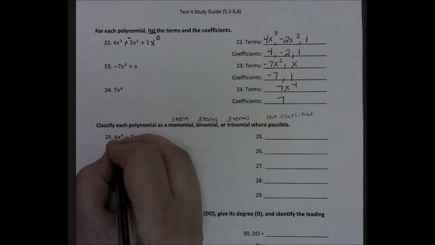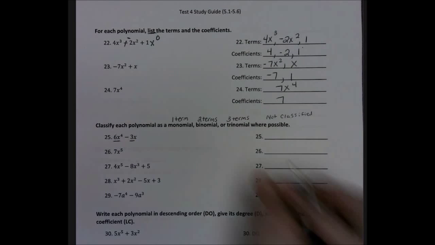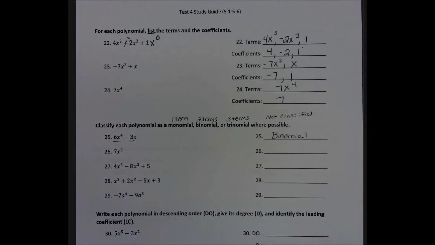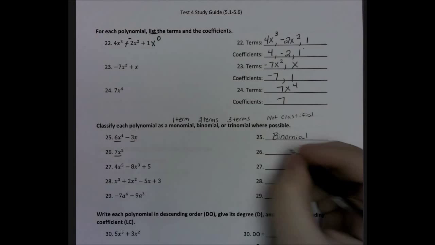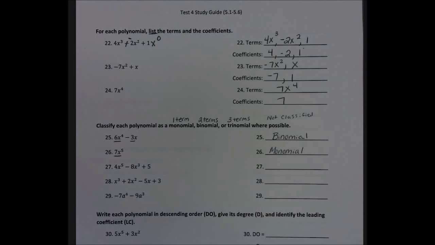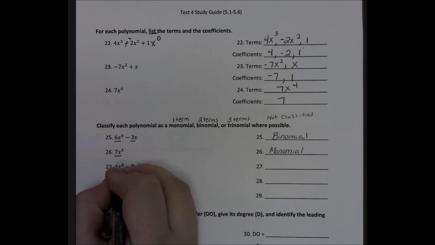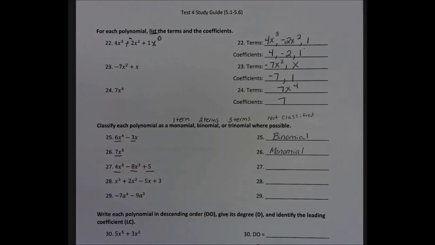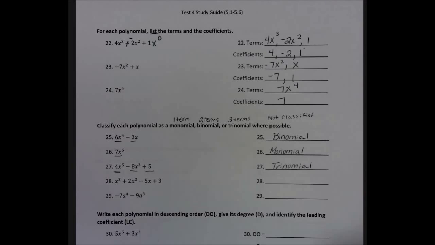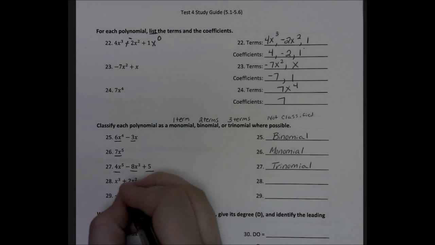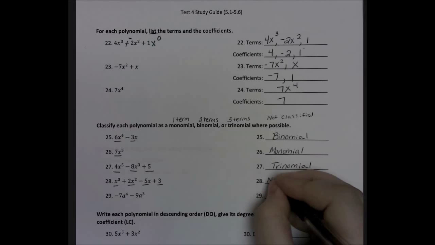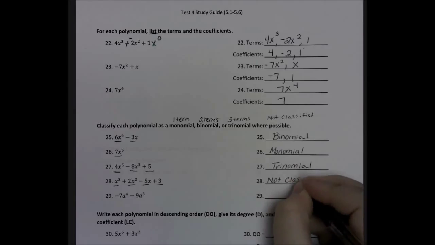So 25, I have 2 terms, so it is a binomial. 26, I have 1 term, so it is a monomial. 27, I have 1, 2, 3 terms, so it is a trinomial. 28, I have 1, 2, 3, 4 terms, so we would write not classified.